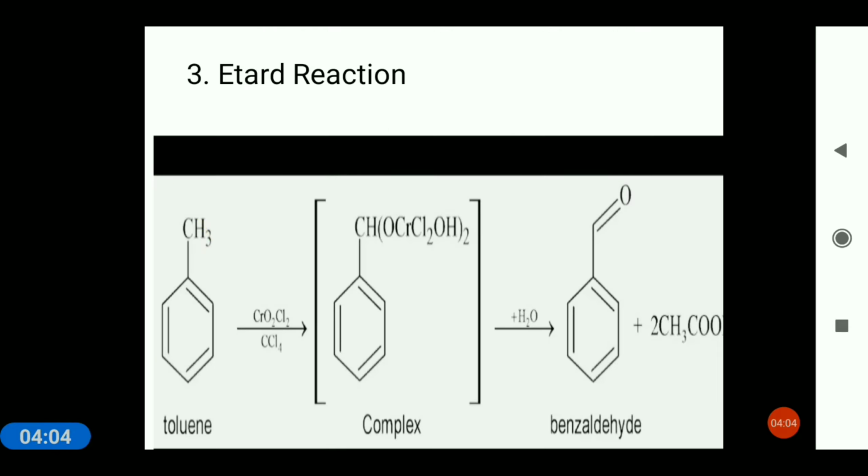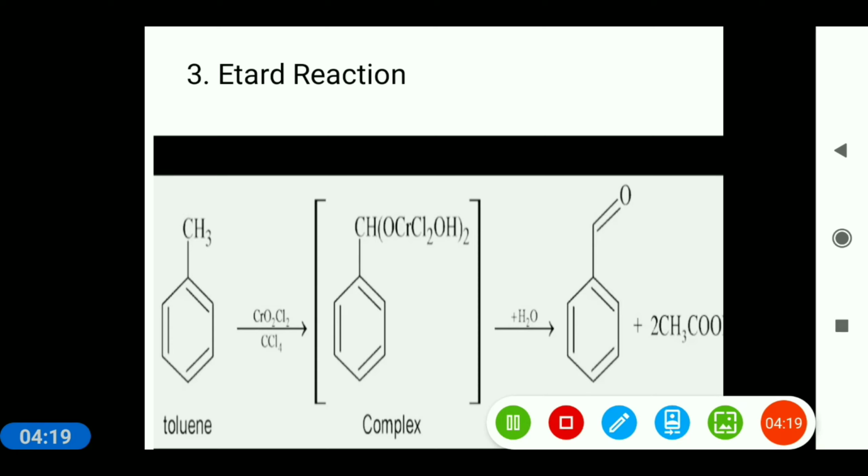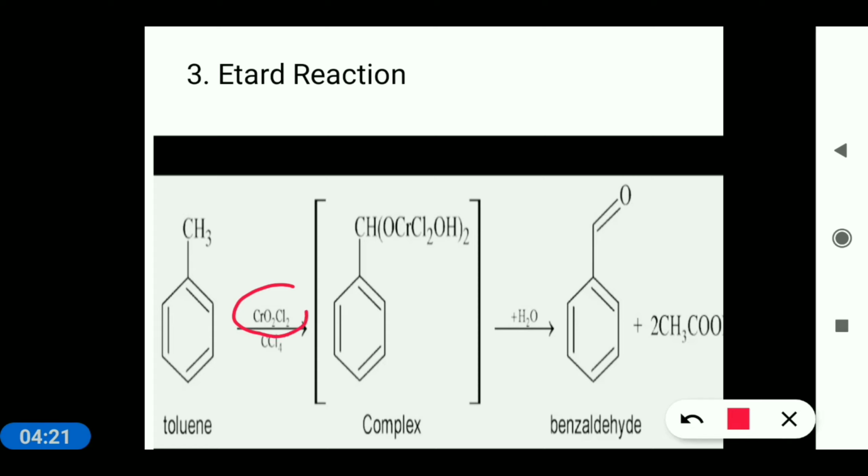Next reaction is the Etard reaction. In the Etard reaction, toluene can be oxidized to benzaldehyde with a solution of chromyl chloride, CrO2Cl2. This is the reagent, chromyl chloride, in presence of CS2, carbon disulfide, or CCl4.